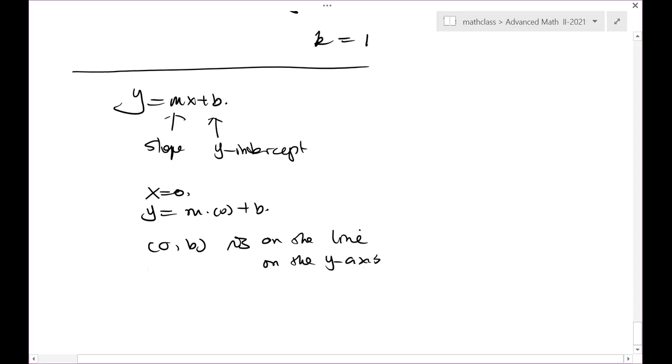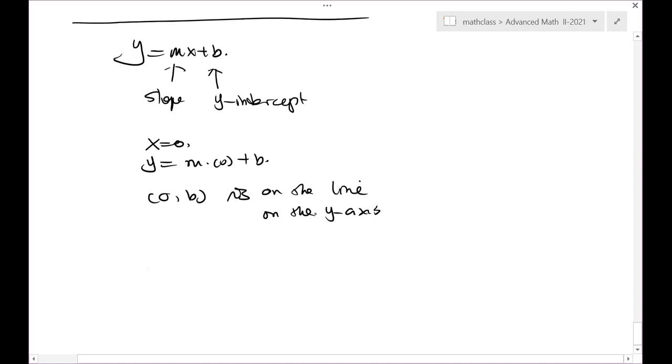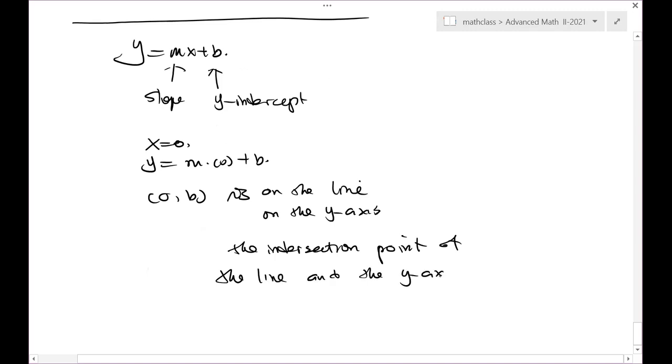So that's why this is the intersection point of the line and the y-axis.